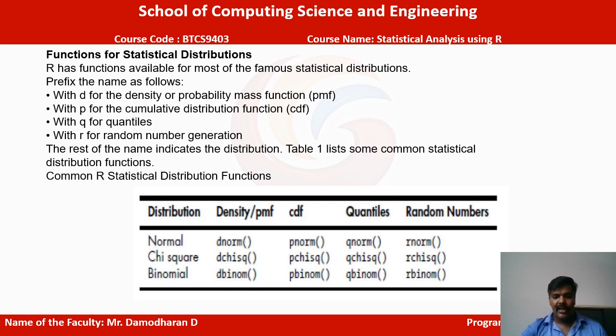With these terms we will find our statistical distribution values. First we take any distribution, and we will find the d value, p value, q value, r value. So d is density or mass function, p is cumulative distribution, q is quantile, then r is random number generation.